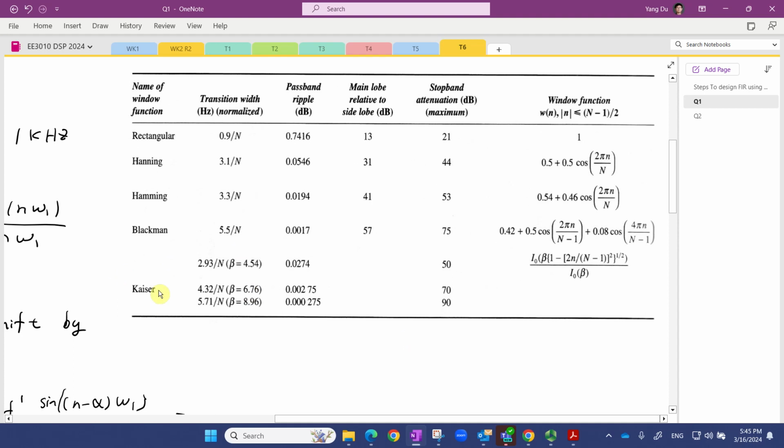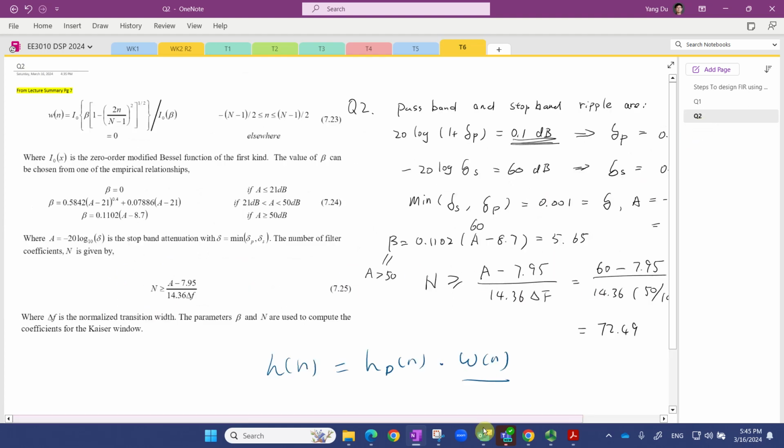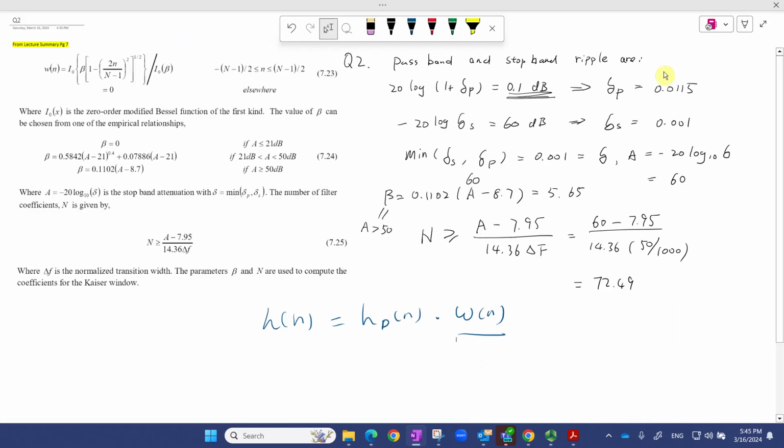Okay, the Kaiser window has this expression, and the rule is a bit complex. So if you go to the lecture summary on page 7, you will find those tags. This Kaiser has this expression, and if you look at it, we don't know what beta is. That's something we need to figure out.